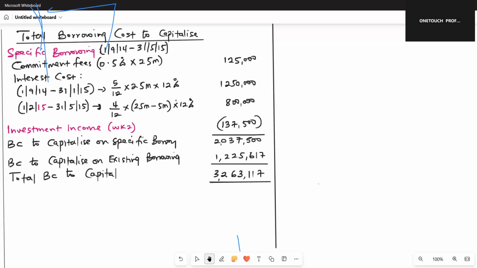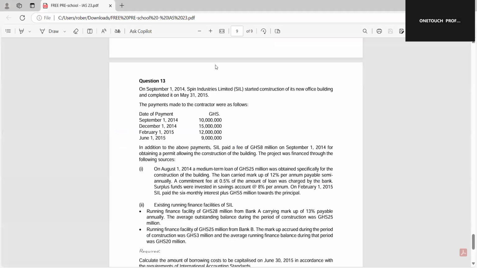Madam Tina. Yes, please, I just want to go back a bit. The loan interest that they said was marked up, please, what does it mean? Oh, the markup, they are just talking of interest. They said the loan carried a markup of 12% per annum, payable semi-annually. That's all.